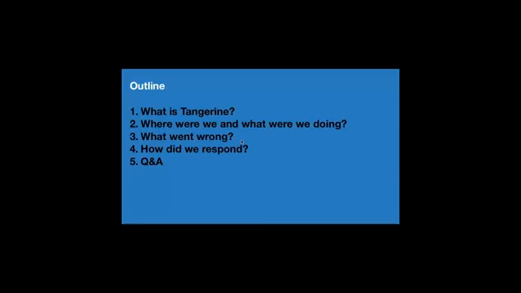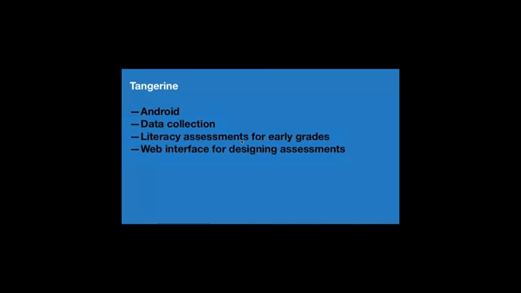So what is Tangerine? It's an Android application. It's primarily used for data collection. And the type of data that we're interested in is literacy assessments in early grades, so 1 to 3. There's two parts to Tangerine, basically. We have a web interface for designing assessments. Researchers will go online, design their assessments, and download an APK.